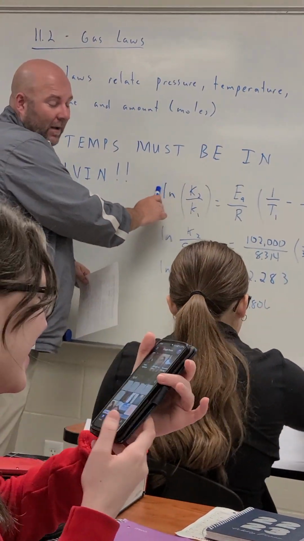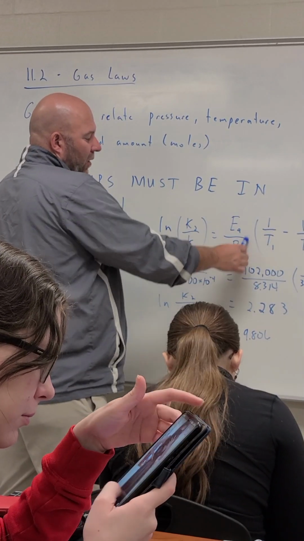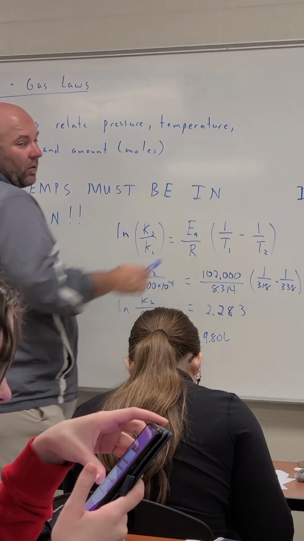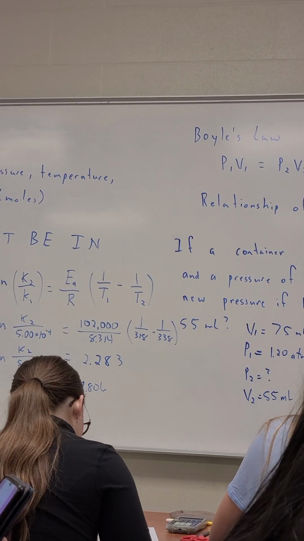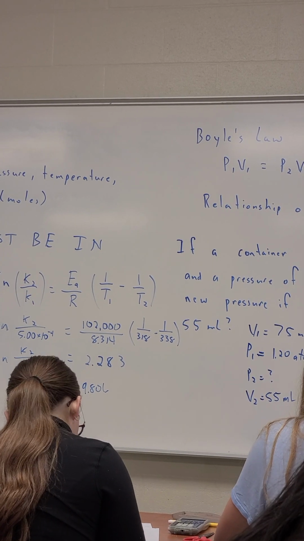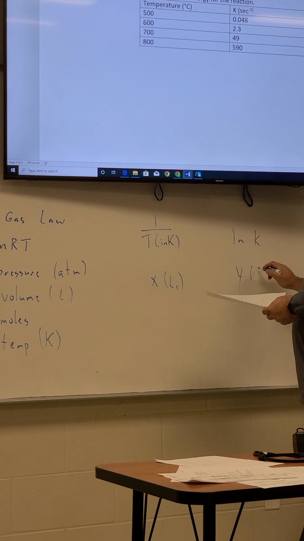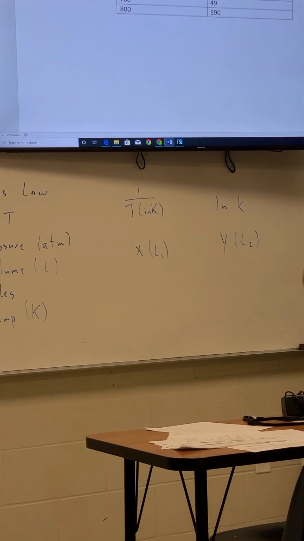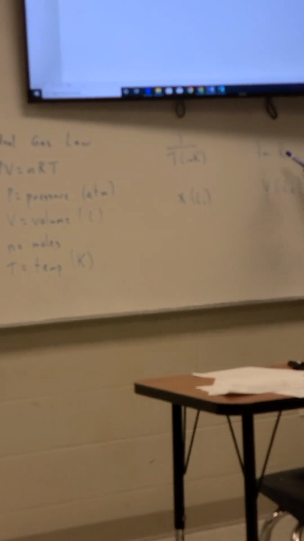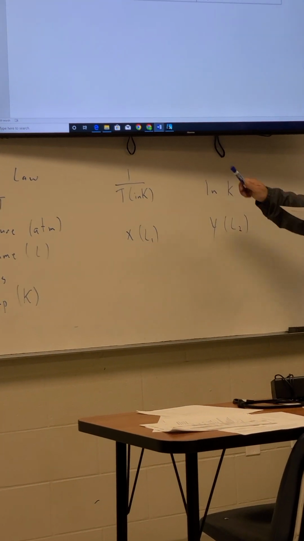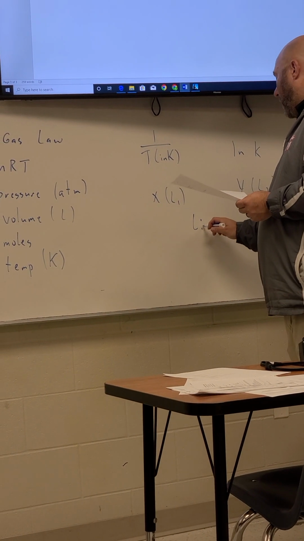This is your Y, the natural log of K, and this would actually be your slope, and then the temperature would be your X. So you're gonna go back into your lists, and we're gonna put this in for L1, this in for L2. Run a linear regression.